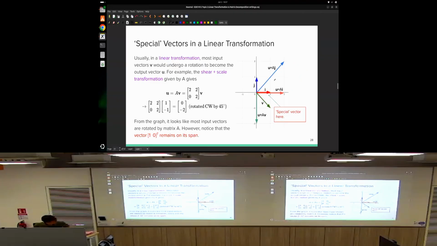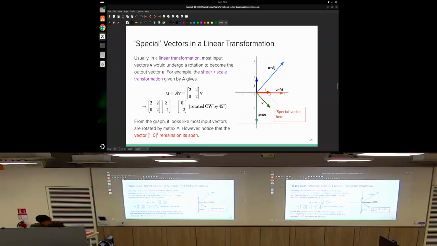So it's a shearing plus scaling up transformation. Now, you notice that there are some special vectors that do not get rotated after this linear transformation. For example, (1, -1) is such a vector. Sorry, (1, -1) is not such a vector. If you have (1, -1), this vector v, after you multiply by matrix A, it becomes (0, -2).